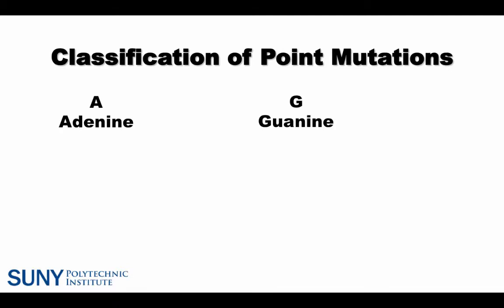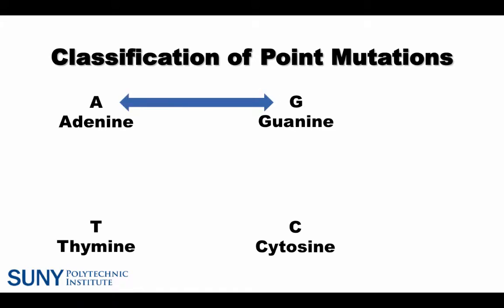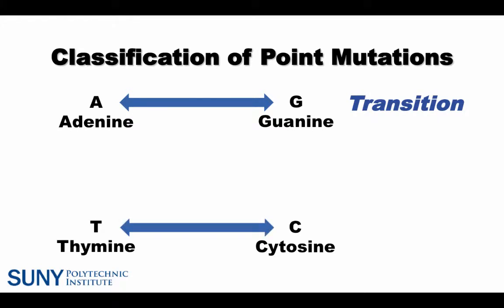Okay, so here we have adenine and guanine, and thymine and cytosine. A transition mutation would involve going from adenine to guanine, or guanine to adenine, or going from thymine to cytosine, or cytosine to thymine.